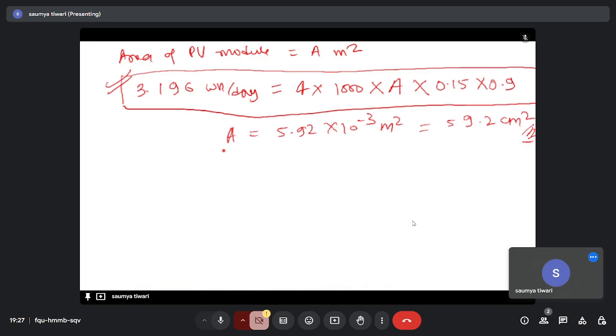Now, we have calculated the area, we have calculated the wattage. We can also calculate the capacity of the battery.